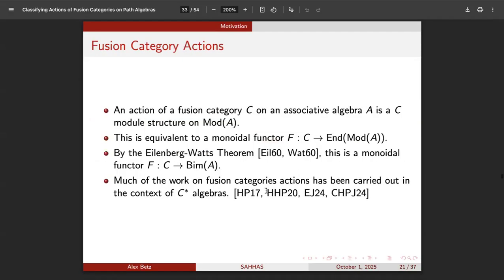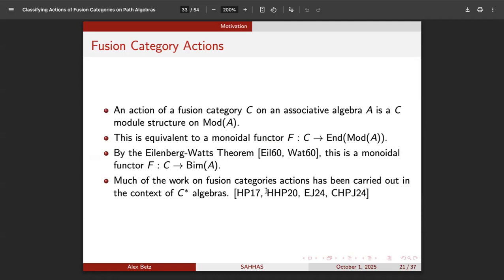So now we have laid down enough groundwork to say what fusion category actions are and start to understand what we're doing. The original question was, how can a category act on an algebra? This doesn't quite make sense, since the category is one level higher than an algebra.